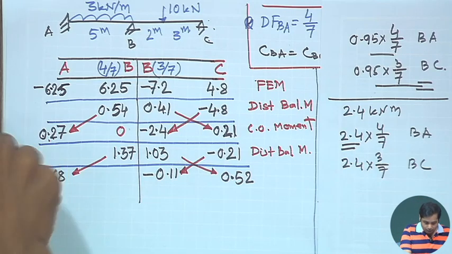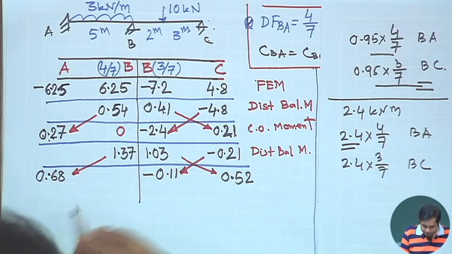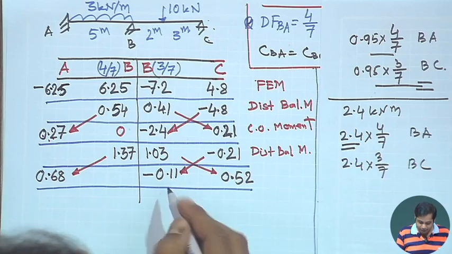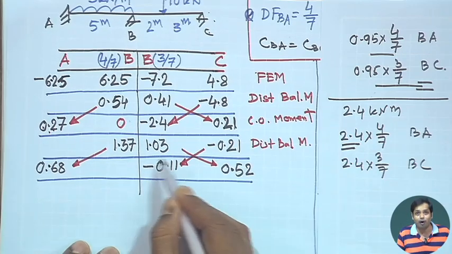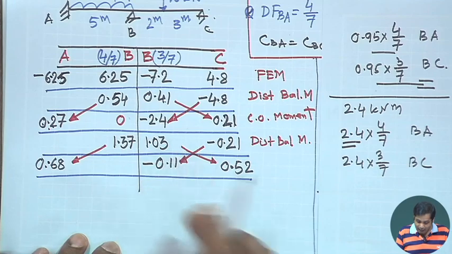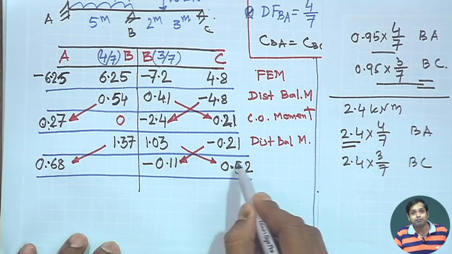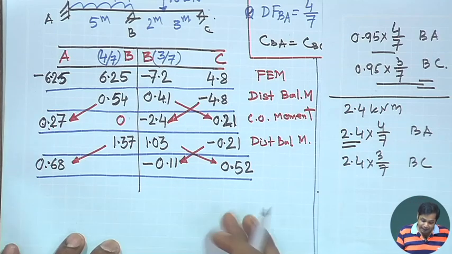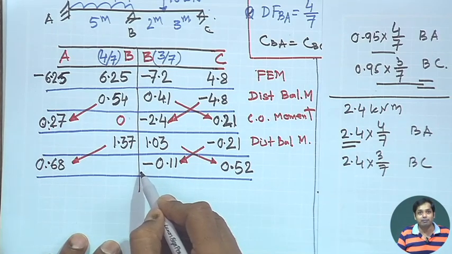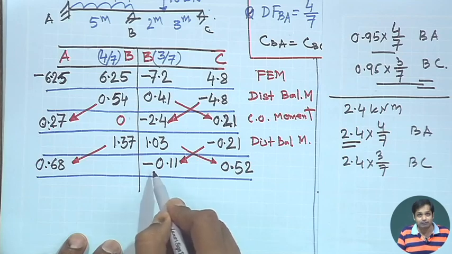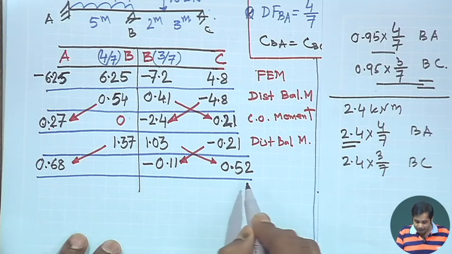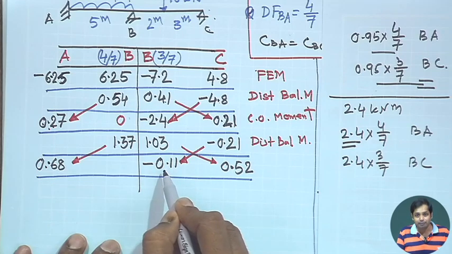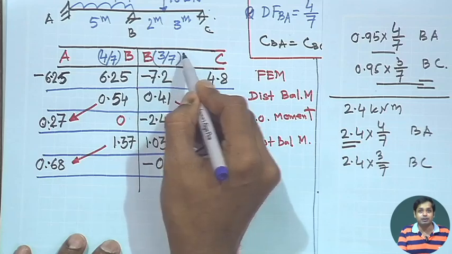Okay. Now, once we have the carried over moments, let us see the status. Now we have an unbalanced moment of minus 0.11 at joint B, and an unbalanced 0.52 moment at point C. Again, in order to satisfy the equilibrium at joint B, we need to apply a positive 0.11 moment at B and a negative 0.52 moment at C. This 0.11 moment at B will get distributed as per the distribution factor.